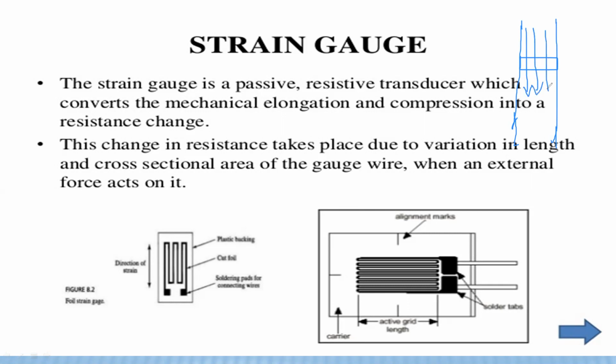Whenever we apply the load on this road, the load also affects the strain gauge fixed on the road. It is the road, and I am applying force in this direction.